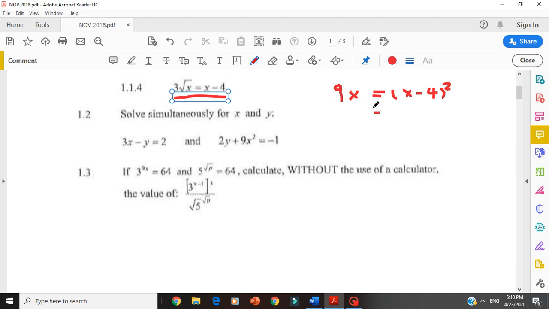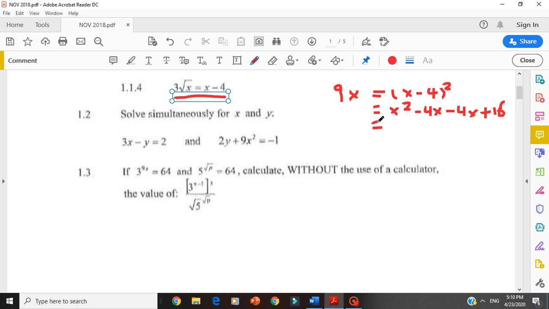Okay, so over here you have x times x, that will give you x squared. x times minus 4 gives me minus 4x. Minus 4 times x will give me minus 4x. And negative 4 times negative 4 is positive 16.